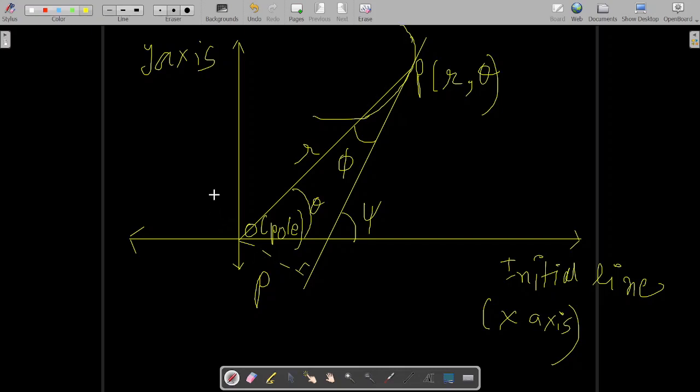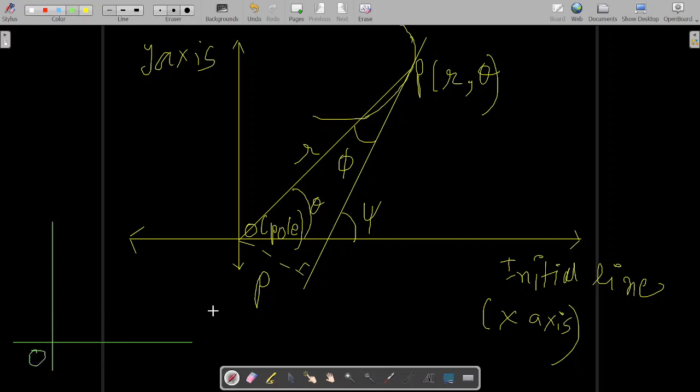Now, there is one more point you should note. Suppose this is your y-axis and this is your x-axis. This is another figure, and this is your origin O, your pole.